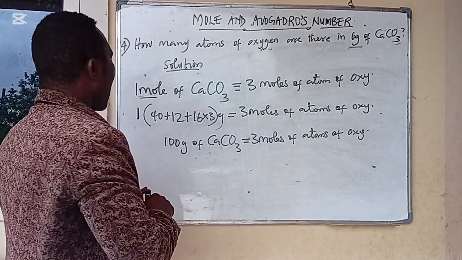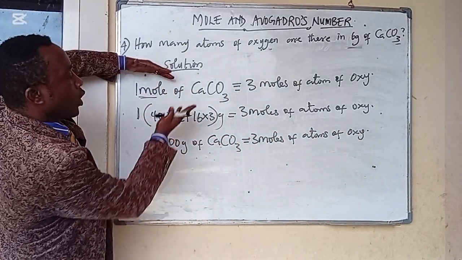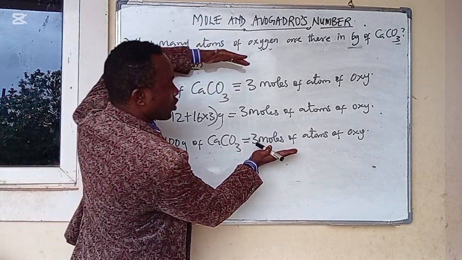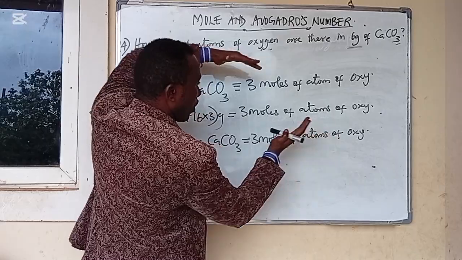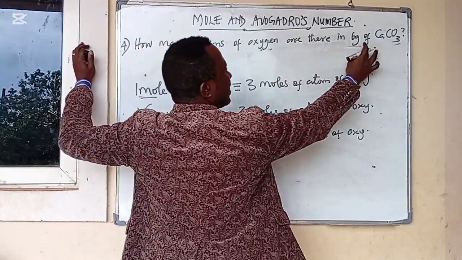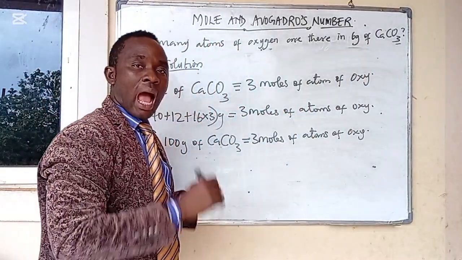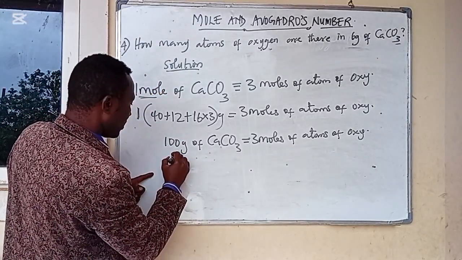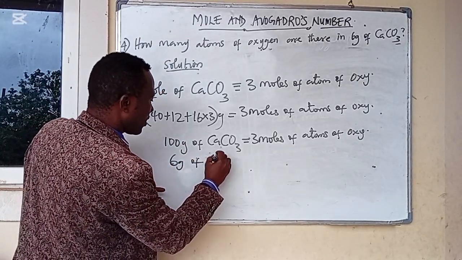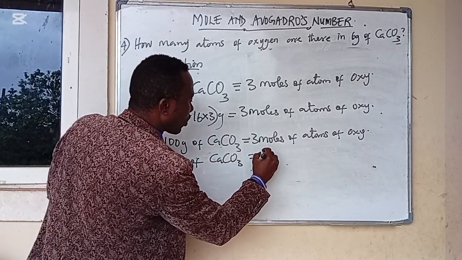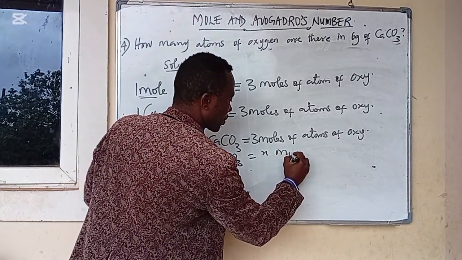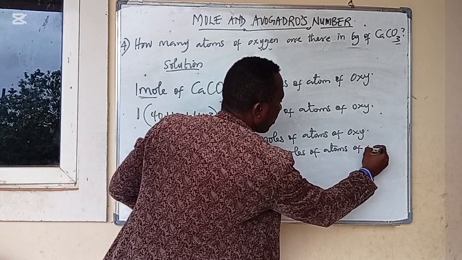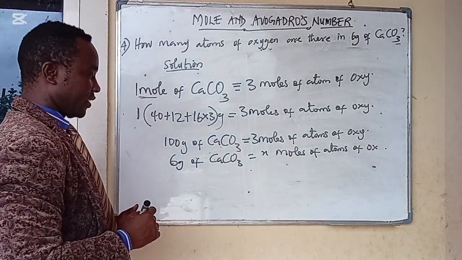Now, having known that 1 mole of this, which is 100 gram, gives you 3 moles of atoms of oxygen, then the mass they gave you, how many moles of atoms of oxygen will it contain? So take it that 6 grams of calcium carbonate will now contain X moles of atoms of oxygen.